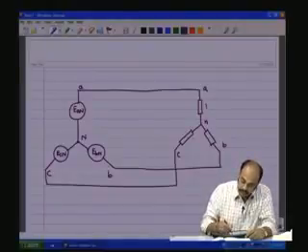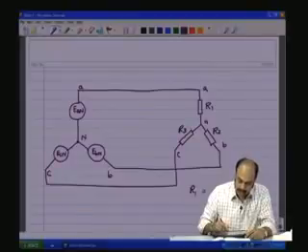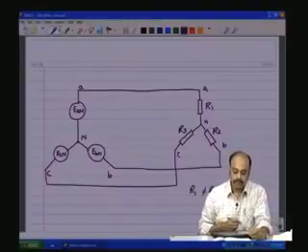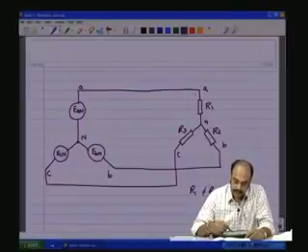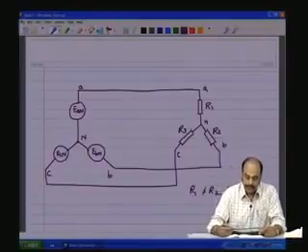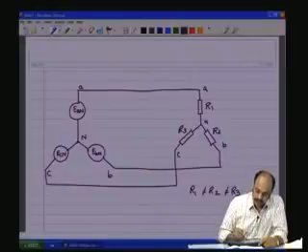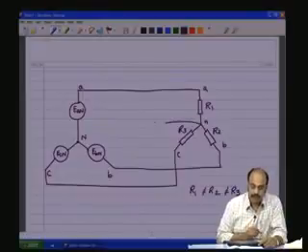Now, if the loads were not equal but unbalanced, that is R1 is not equal to R2 is not equal to R3, under such conditions we saw that the currents through each of the phase loads are going to have different effective values. As a result, what was supposed to be IA plus IB plus IC equal to 0 instantaneously, in the wire that goes out from here is not 0.